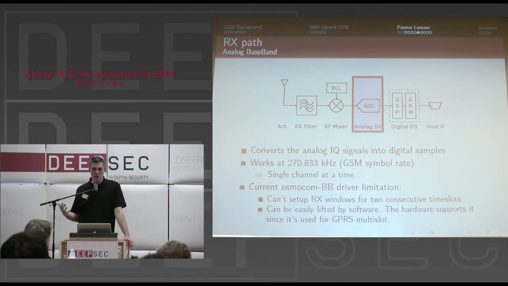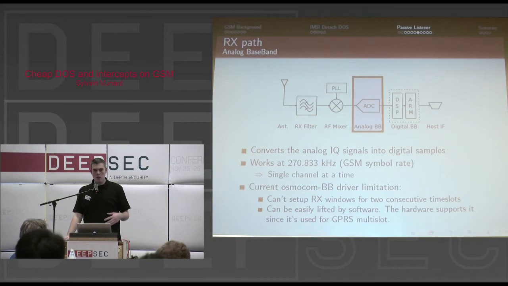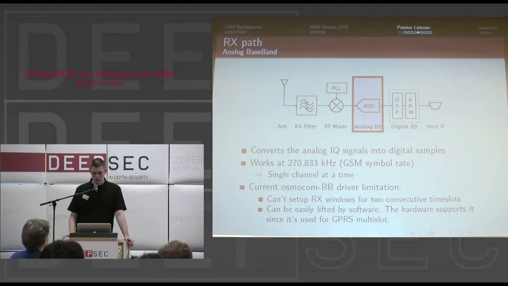That's a limitation, but it's a software limitation, because the hardware has to be able to do it, since it's a requirement for GPRS multi-slot, and this chip is supposed to support at least two consecutive bursts. So with a little work, we could just lift that restriction.